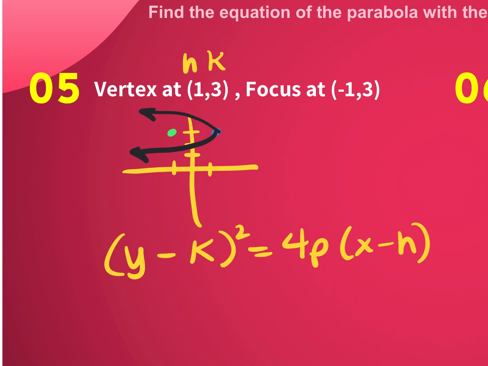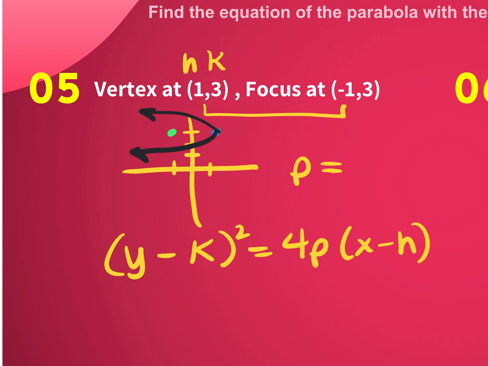Now, I need to figure out how many spaces away is the green dot from the blue. If you've got a visual and a graph, you can count the spaces. And notice it's 2 spaces away. Now, you could also do the distance formula between your vertex and your focus. Shortcut, if it's a horizontal line, you're just going to subtract the 2 x values or count the spaces.